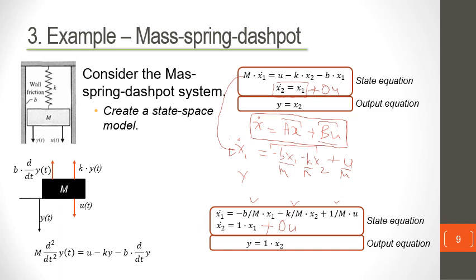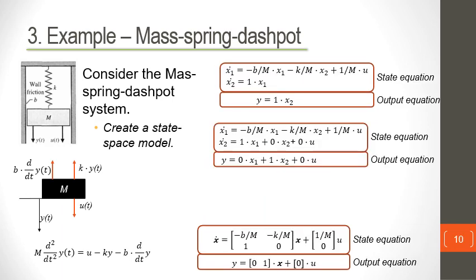And for the output, we are trying to achieve the form y is equal to cx plus du. So in this case, y is going to be 1 times x2 plus 0 times x1 plus 0 times u. So it's going to be in that format.